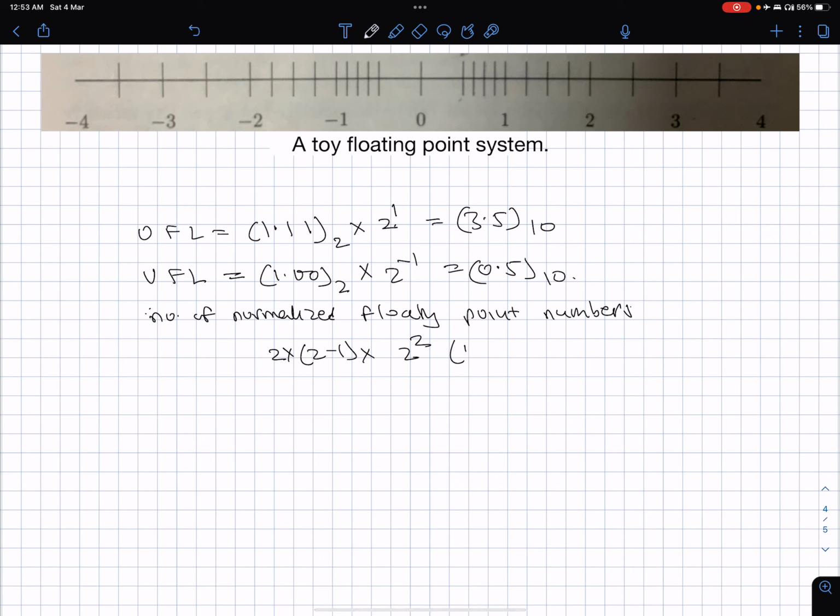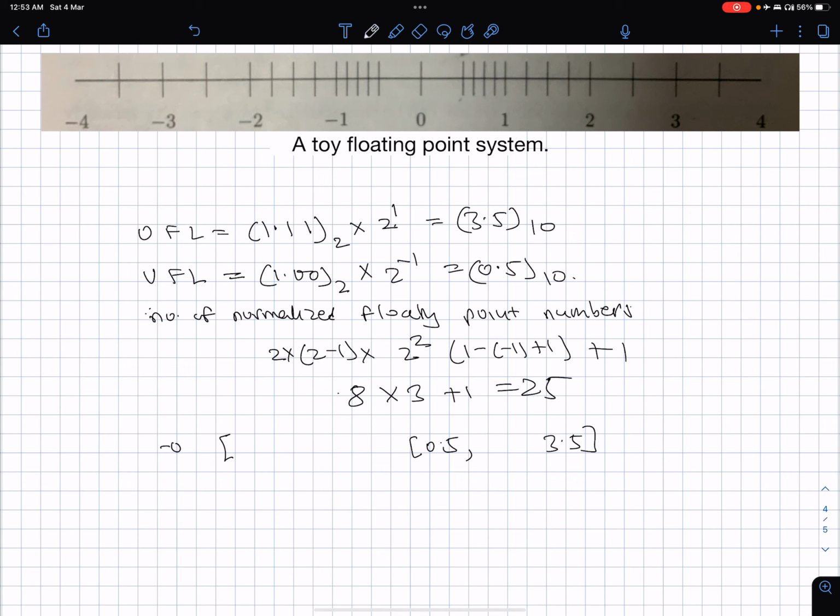So 1 minus of minus 1 plus 1. This is 8 into 3, 24, plus 1. That means in this toy system, there are 25 discrete numbers which are possible to be represented, and they cover a range of 0.5 to 3.5.